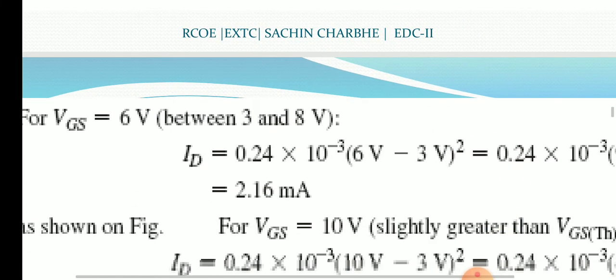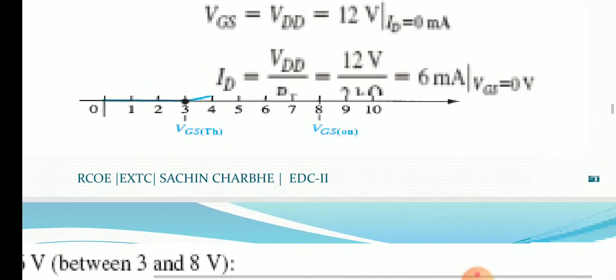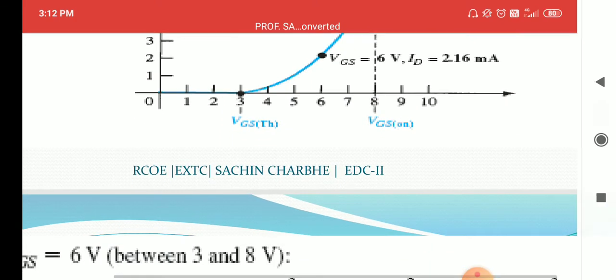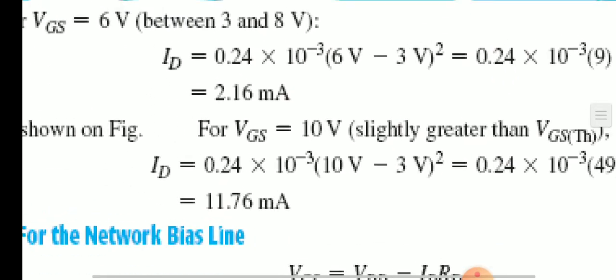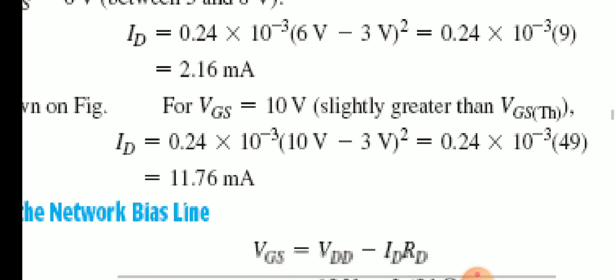So we will calculate for VGS of 6 volt, between 3 and 8 volt, at the center. At that time we will get the ID from the drain current equation, that is K into (VGS minus VTH) whole squared. Here we have to put different values of VGS.